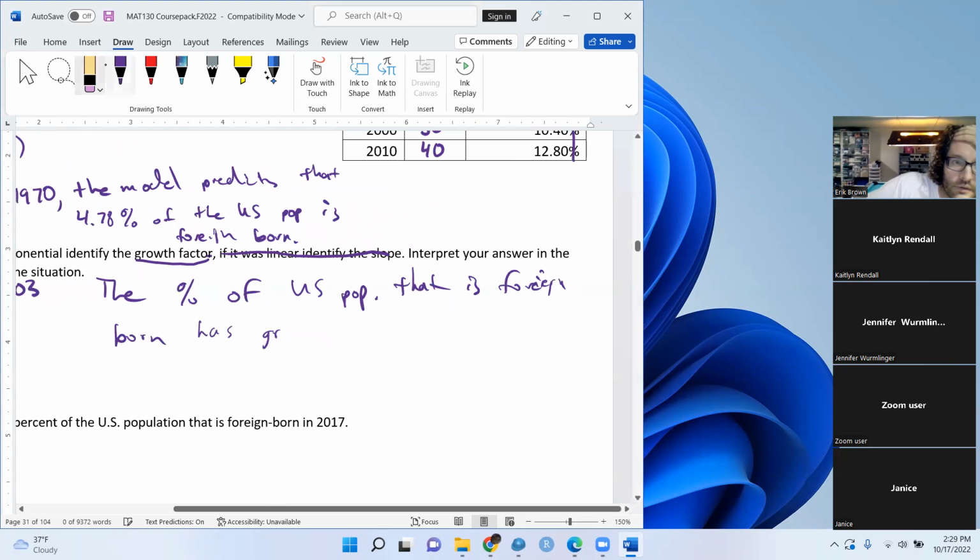What's going on with my brain? Love it. US population after 1970 has grown by a factor of 1.03 foreign born.